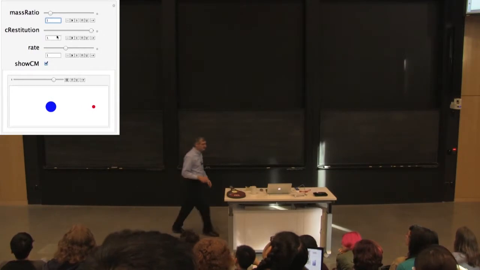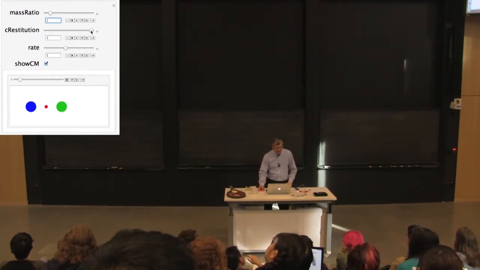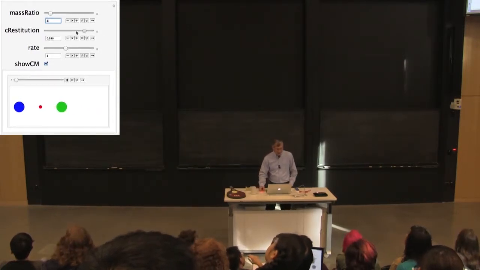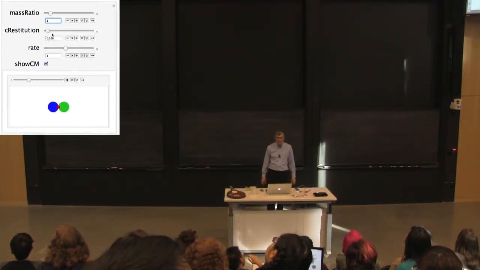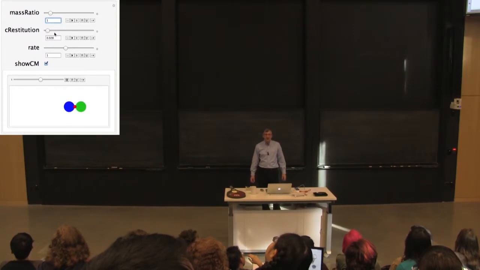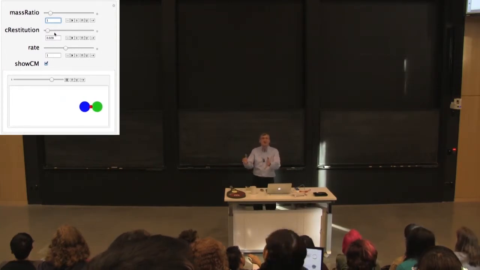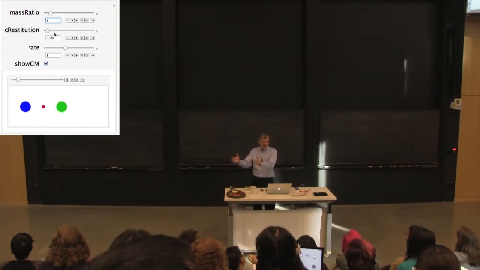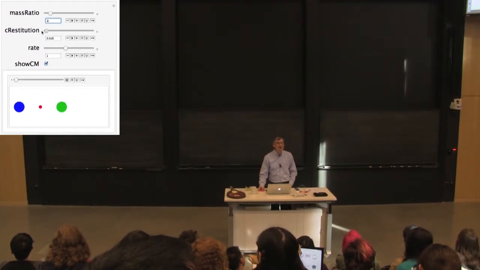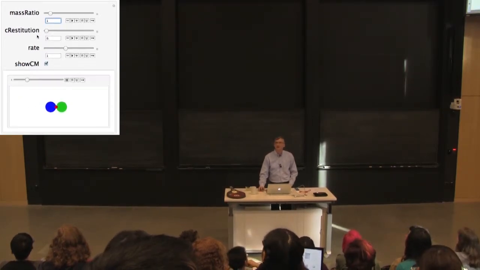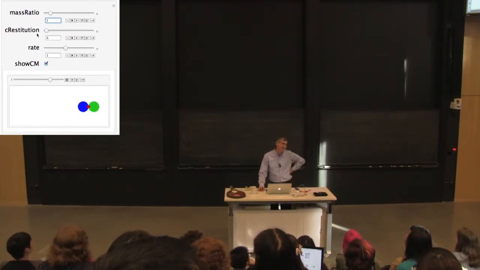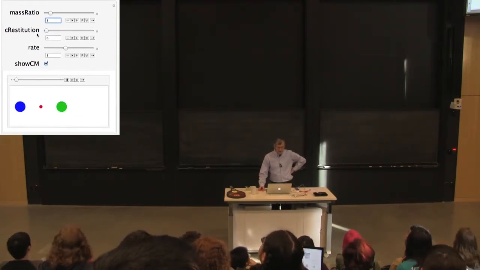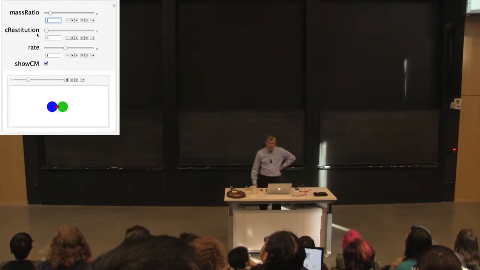If I now take the coefficient of restitution down to something frightfully small, then you can see that they don't separate as fast. If I take it to 0, what should happen? Ah, it's love at first bite.